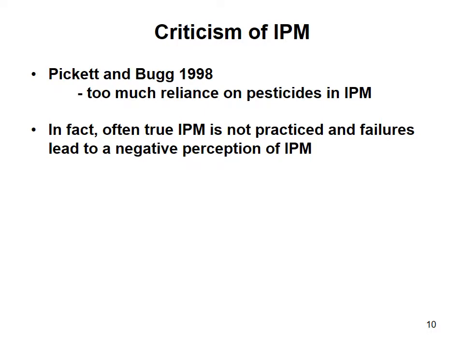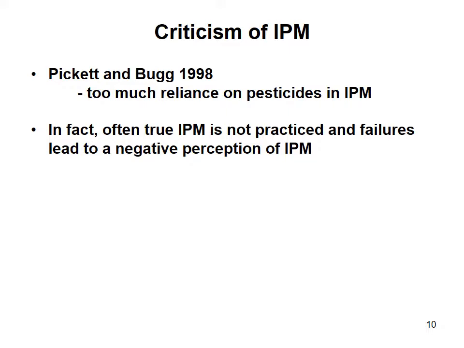One of the earliest criticisms of IPM came about from this article published by Pickett and Bug in 1998. And they stated that there was too much reliance on the use of pesticides in IPM strategies. But in fact, too much reliance on pesticides and true IPM has not been practiced.